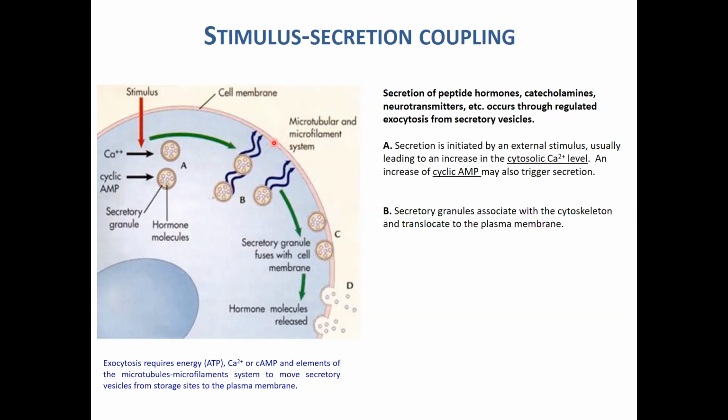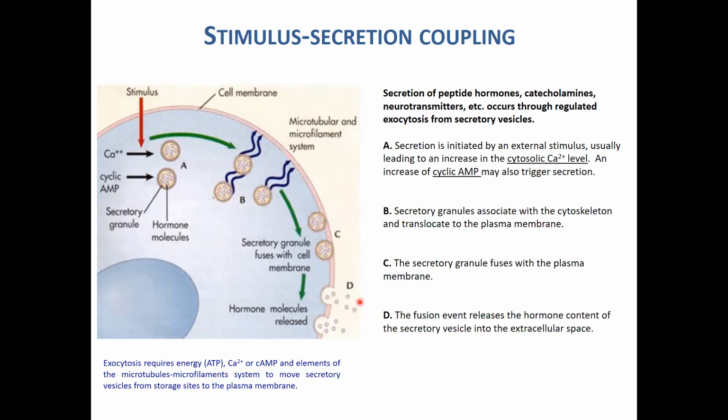You can see it transports to the membrane on cytoskeletal elements, either microtubules or the microfilament systems. Once it reaches the plasma membrane, that vesicle fuses. Now, there are some other parts in there I'm not going to talk about, but this granule fuses to the plasma membrane. When it fuses, it's going to release that hormone content into the extracellular space.